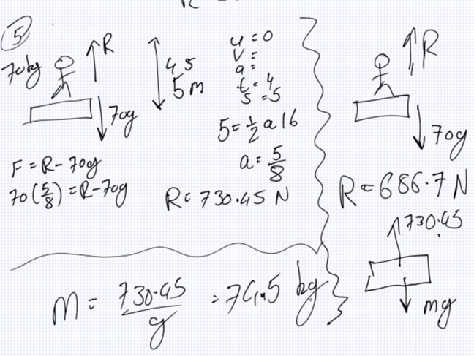So his weight shows the same, I mean force, same weight. The weighing scale thinks the weight equals the reaction force. So we just have to change it to mass.